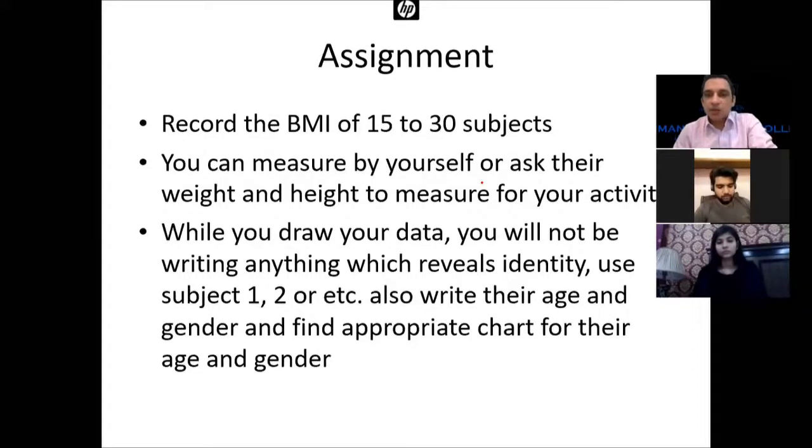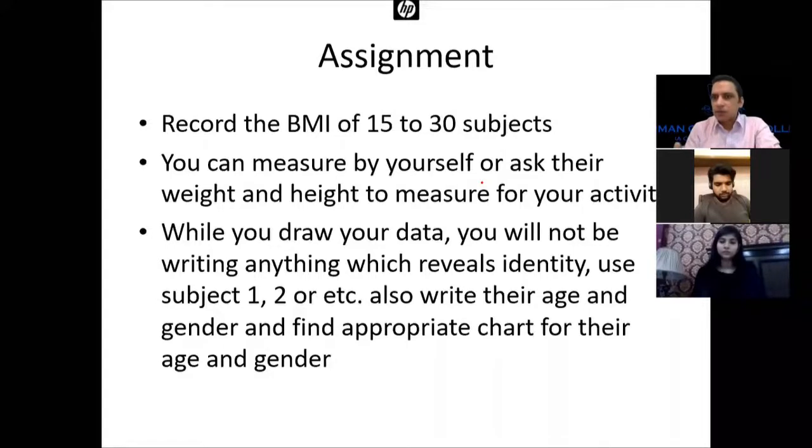And you will be telling me in your assignment that you have found that most of the female subjects, okay, I'm not against the females, the feminist people should not fire me for that. I'm just giving an example that my data is suggesting that more females are out of the normal BMI values, like 25% of the females stay within the normal values of BMI, but 75% of the females I came across, according to my data, are overweight.